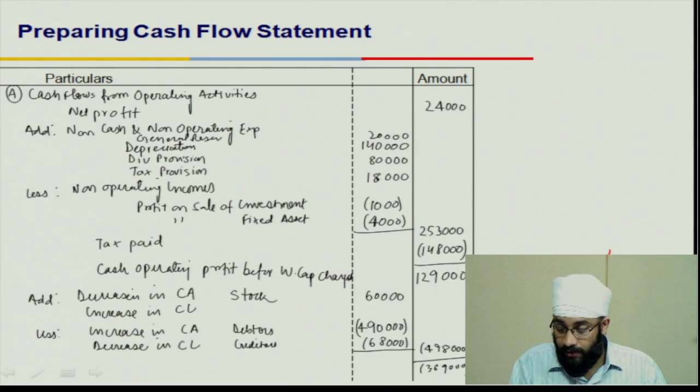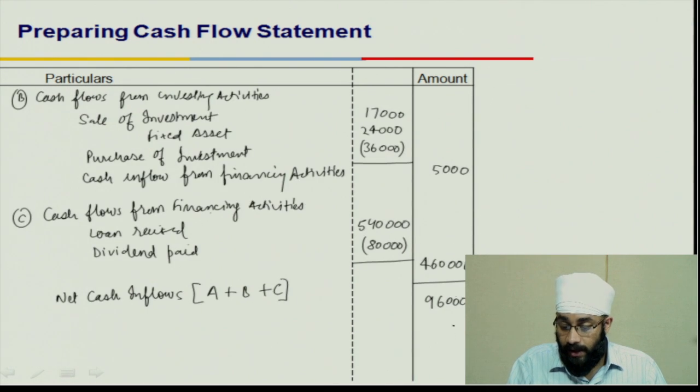So we had 369,000 as cash outflow from the operating activities, and then we had cash inflow of 5,000 and 460,000 respectively from investing and financing activities, giving us net cash inflow during the year equal to 96,000.